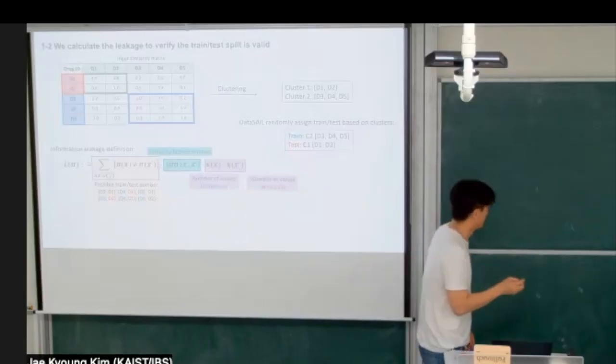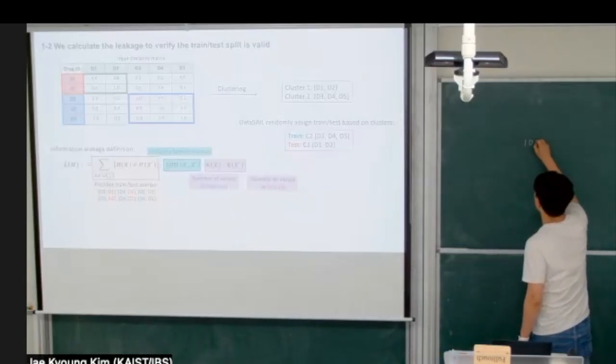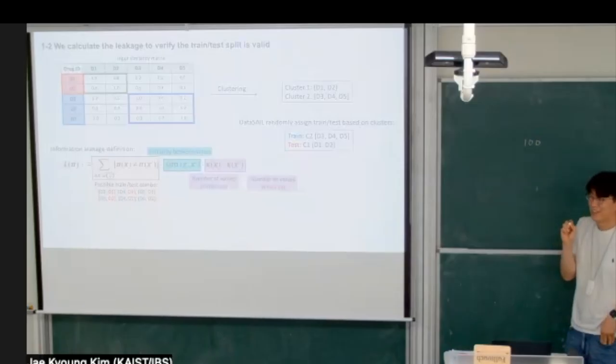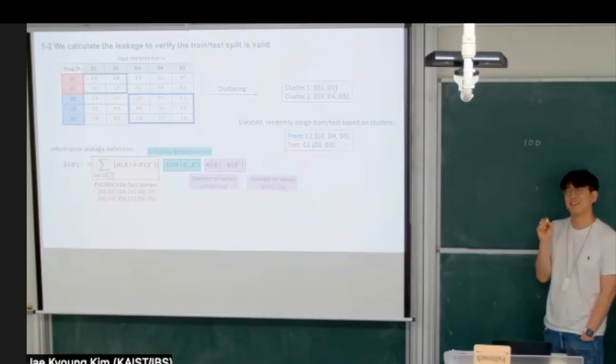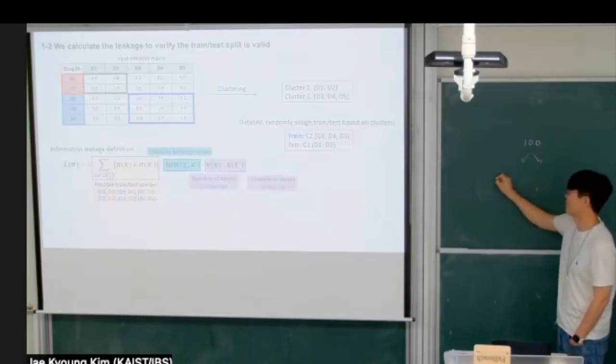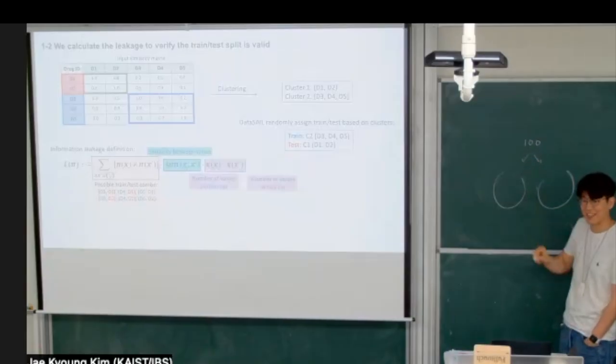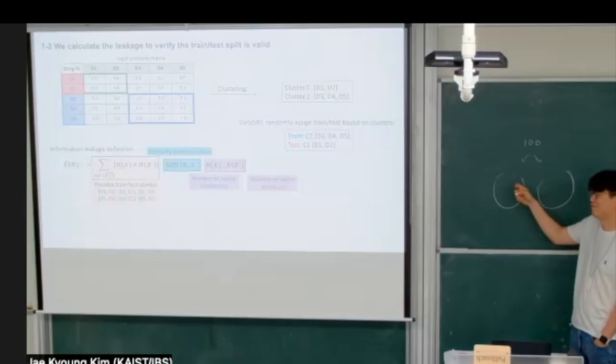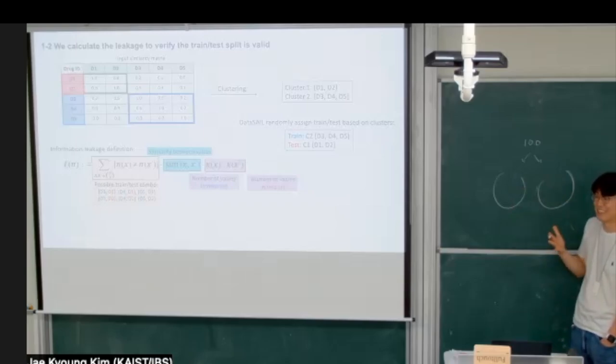So let's think about it. You have 100 people. Let's define the information leakage as their birthdays being the same. We group them into train and test. Somehow, if there are people whose birthdays are the same, then let's say there is information leakage.